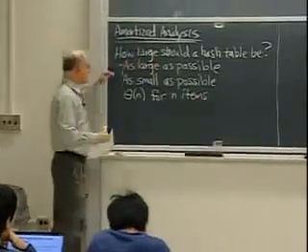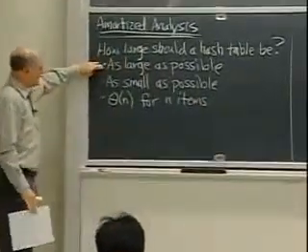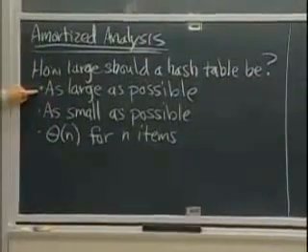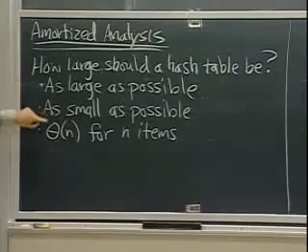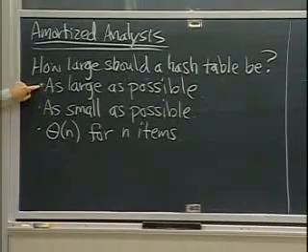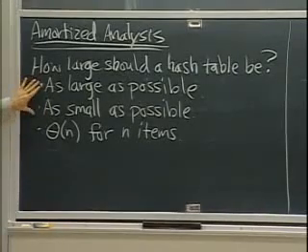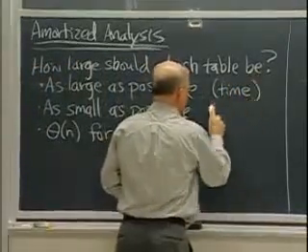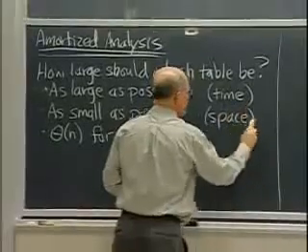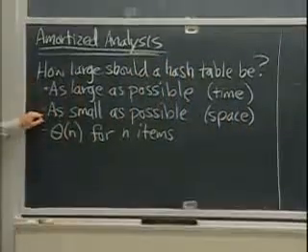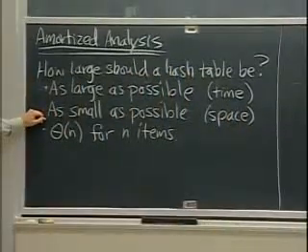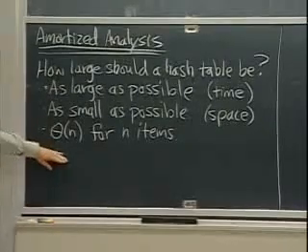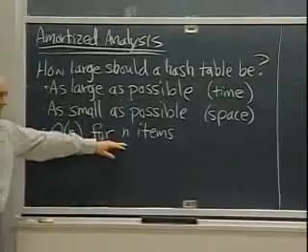Because making it larger than order n, the payoff in search time is not worth the extra amount of space that you're paying. Okay, or at least you can view it that way. However, this begs the question, which is, how do I make it?